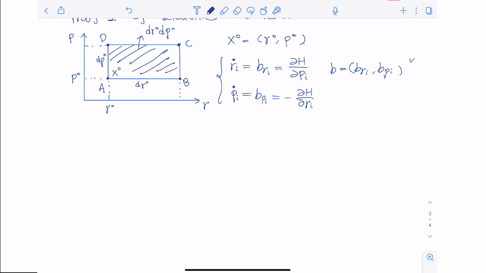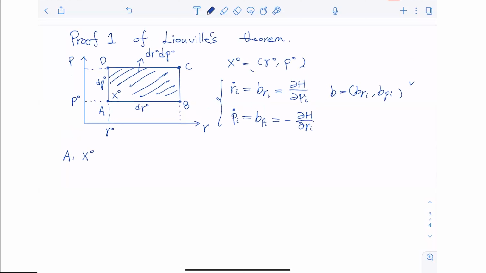Let me be a bit more specific about the coordinates. The coordinate for A is just x naught, which is r naught, p naught, and the coordinate for B is also easy to express. We start from x naught, and we just add a vector of length dr naught along the r direction.